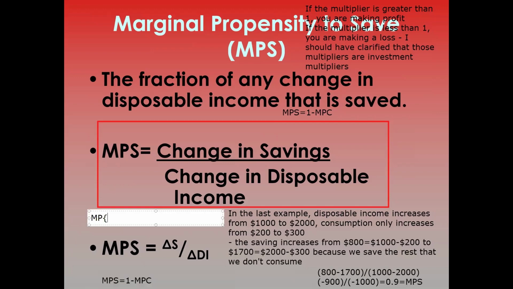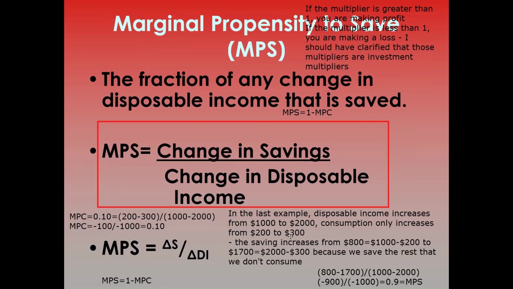Because the MPC for this example was 0.1, like we got from last time, from doing it in the last slide. So this is how we did it here. So this would equal 0.1. So that's what we got from the last slide.